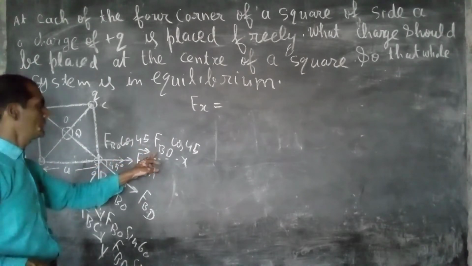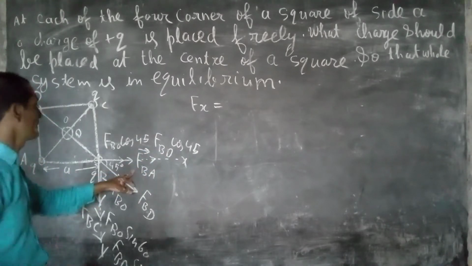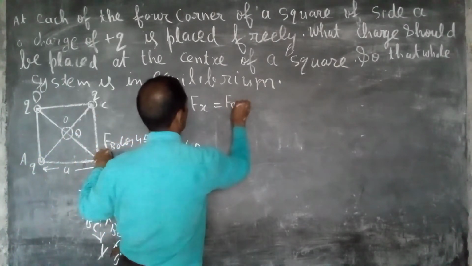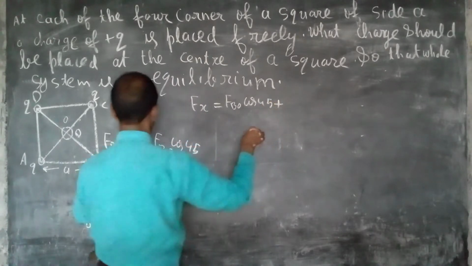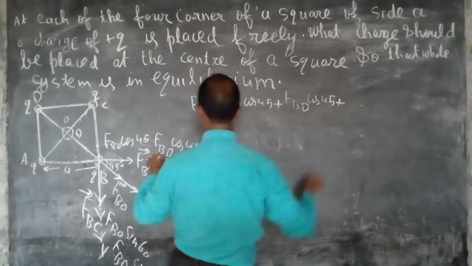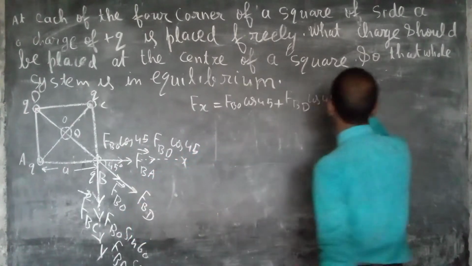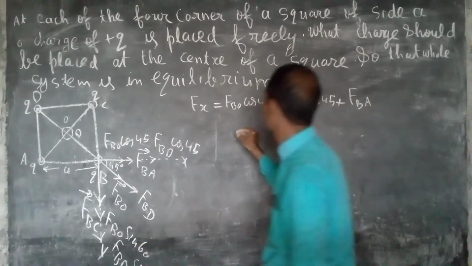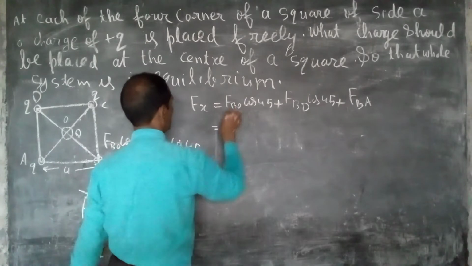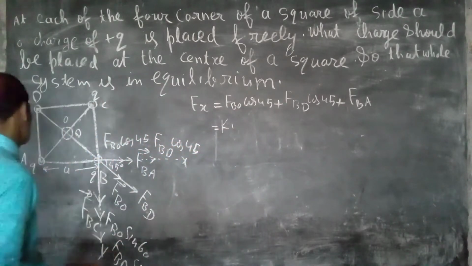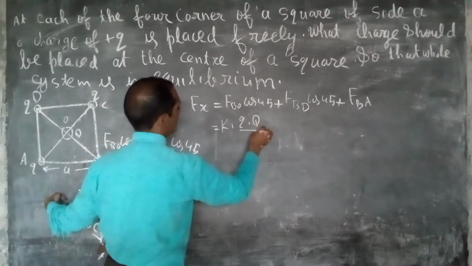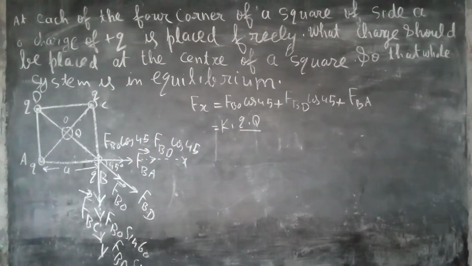FBO cos 45, FBD cos 45 and FBA. These three forces are in the same direction, so we add them. So this becomes FBO cos 45 plus FBD cos 45 plus FBA. Now FBO is K times the charge on B, which is q, times the charge on O, which is capital Q, upon the square of the distance.